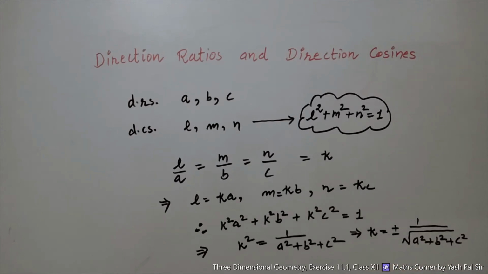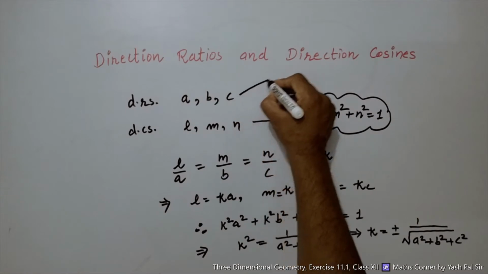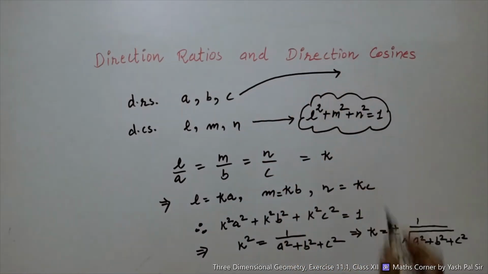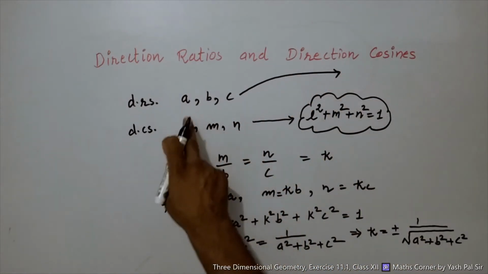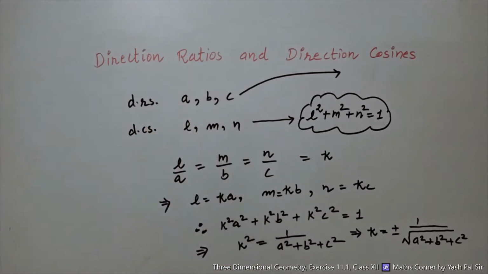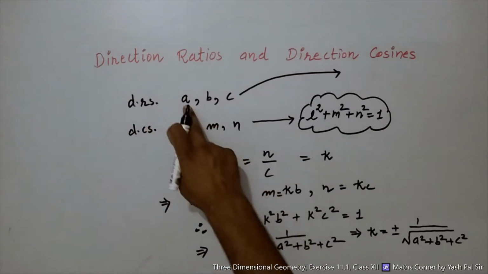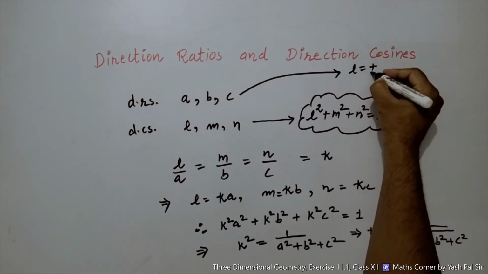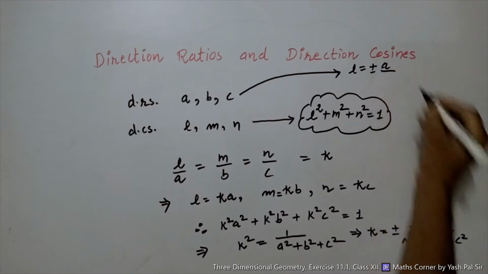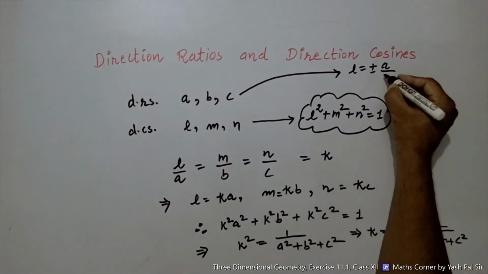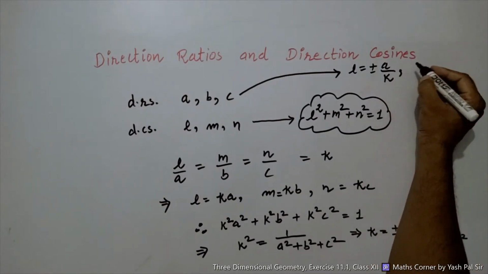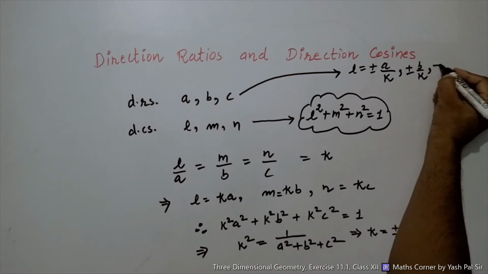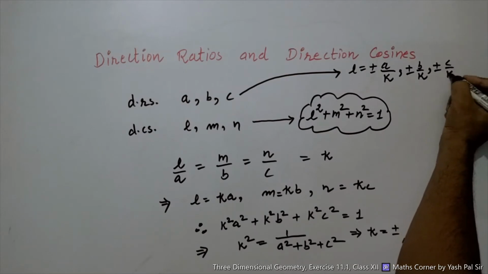So why we are concluding this? Because if direction ratios are given, then we can find the direction cosines from these direction ratios. That is, l is equal to plus minus a upon k, m is plus minus b upon k, n is plus minus c upon k.